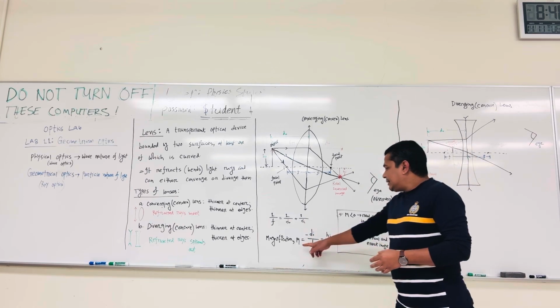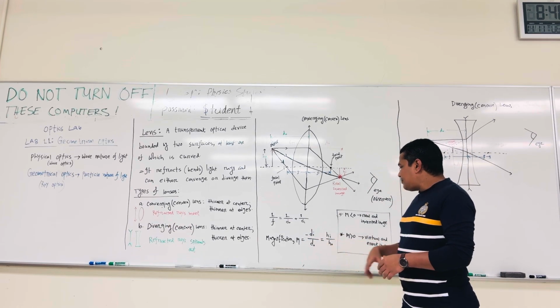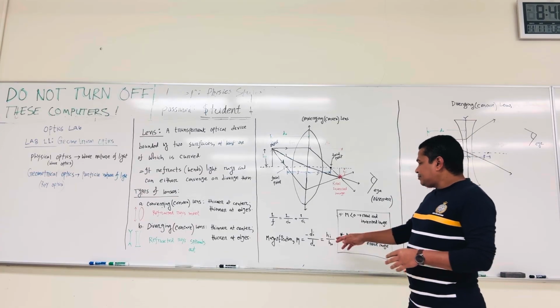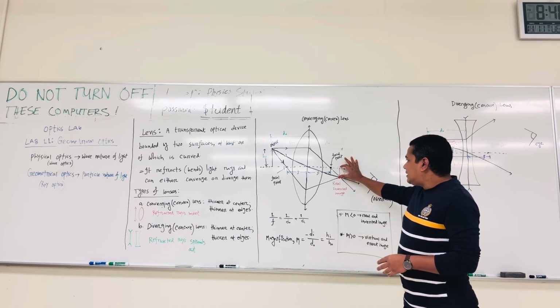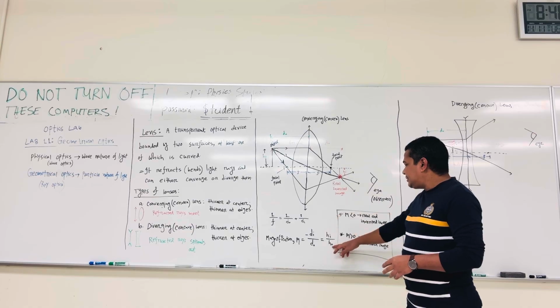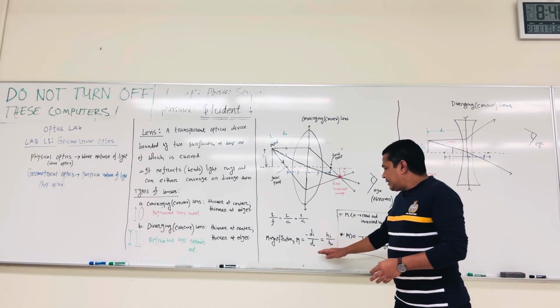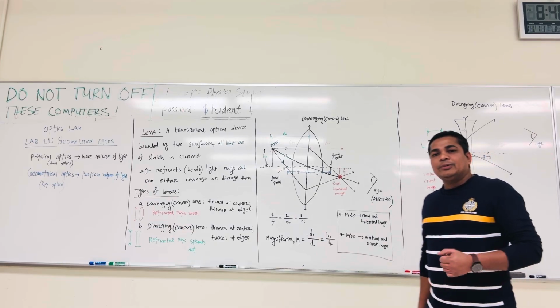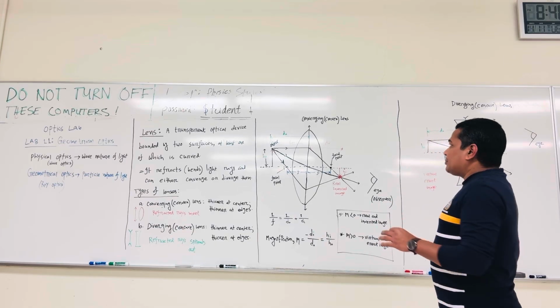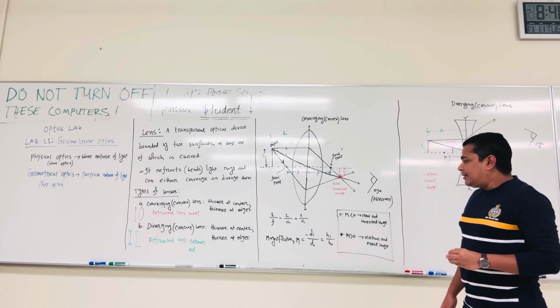We can also write M is equal to SI over SO. As I said, SI is the height of the image, SO is the height of the object. So if we know that, we can put it here and easily calculate the magnification for this converging lens.